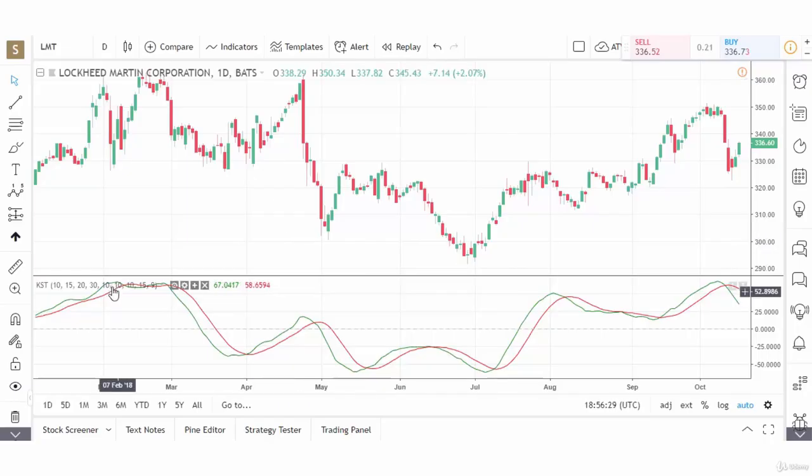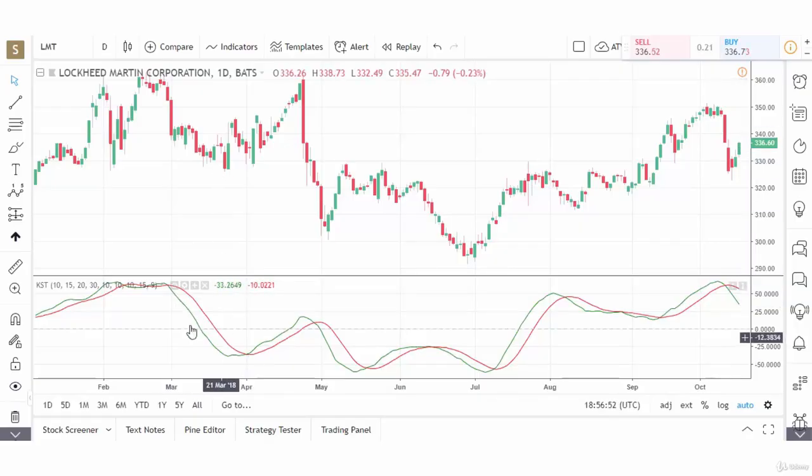We begin this chart with a stock trading relatively flat here in February, and then we get a sell signal from the KST as our signal line crosses down through the KST. The stock traded down with that line, so we have a good signal there.